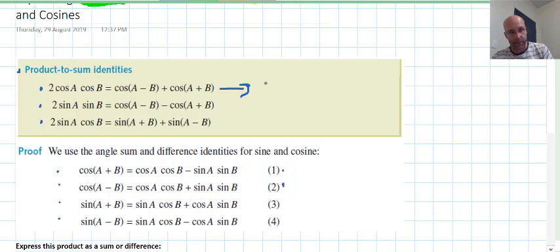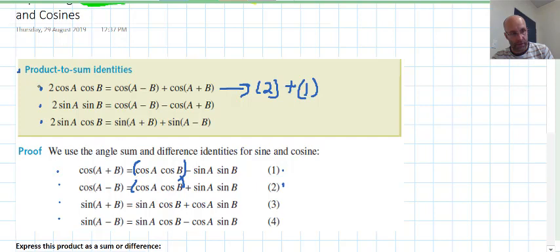If we use those numbers from below, the second one from the angle sum and difference identities plus the first one, you can see that we'll have these two terms which are the same.